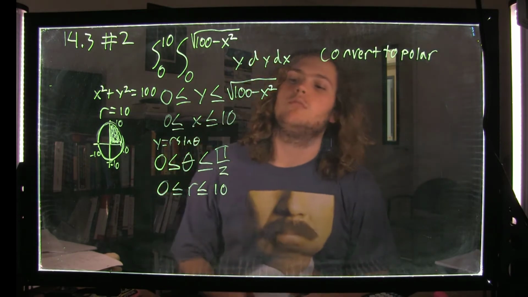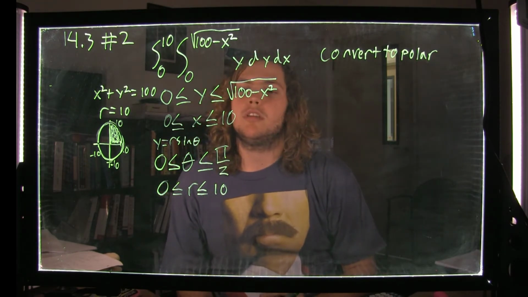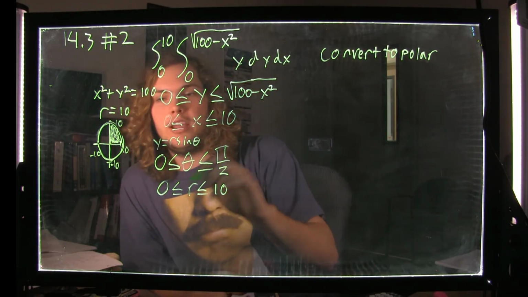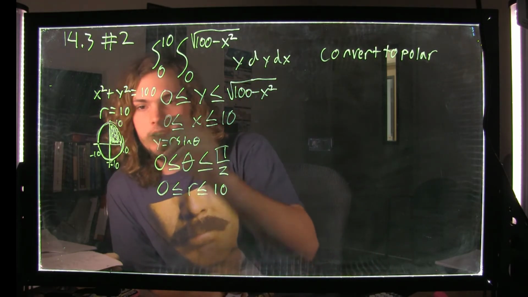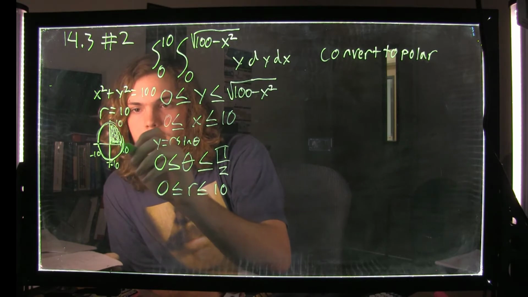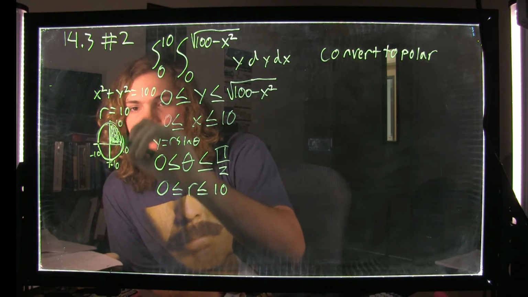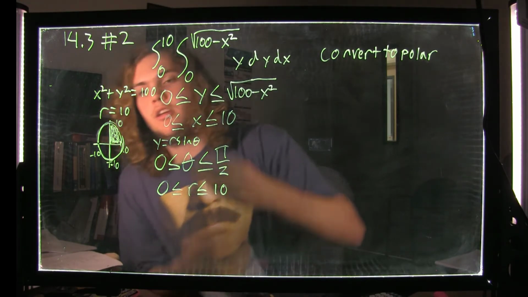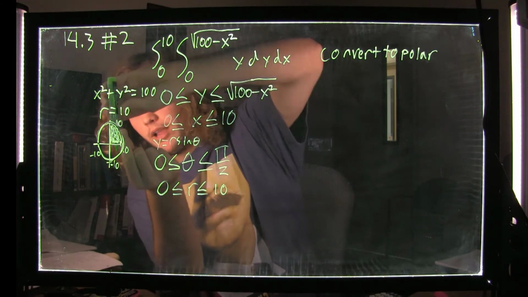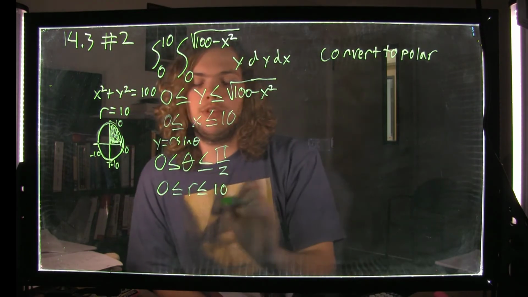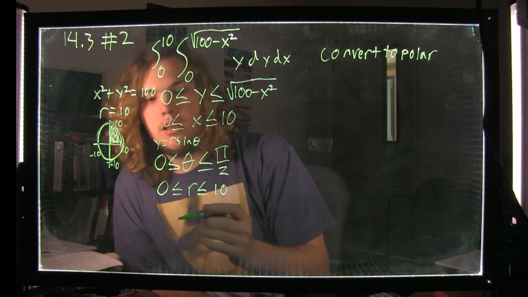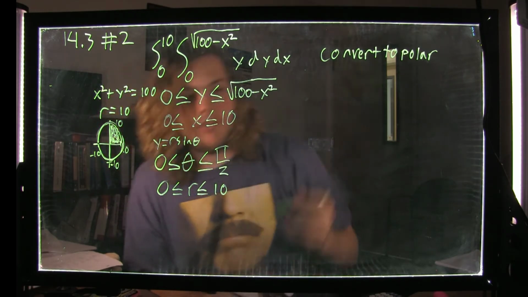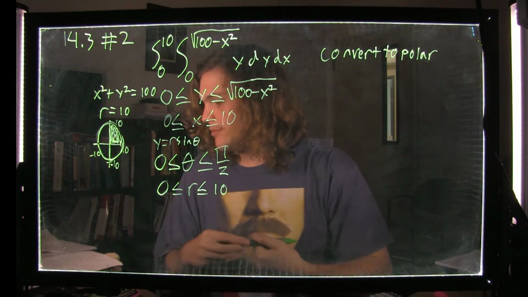Awesome. And the reason why is because the angle theta is going to go, basically this is our angle 0 here, and then that's our angle pi over 2 there. So it goes from 0 all the way up like so, and the radius goes from 0 to 10 because the radius is 10, right?